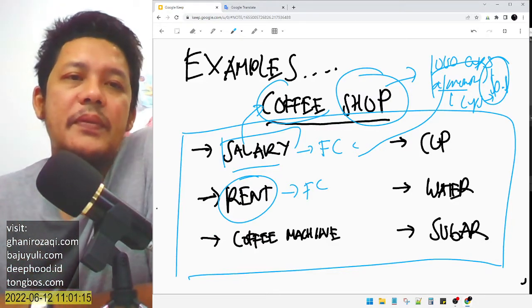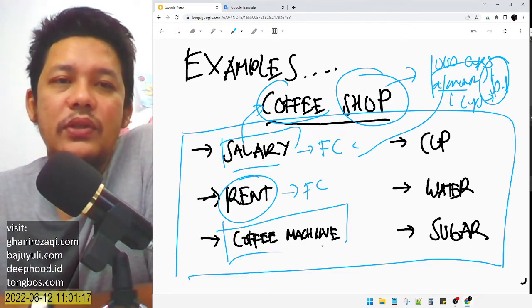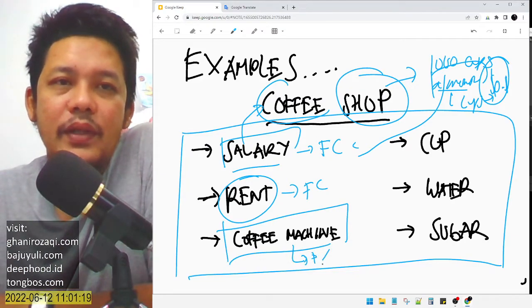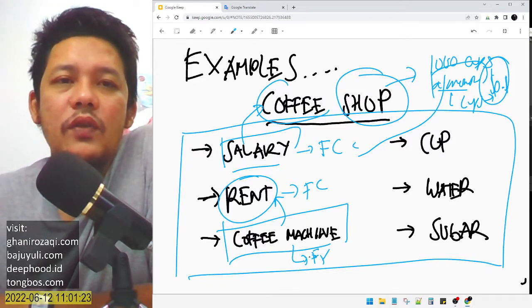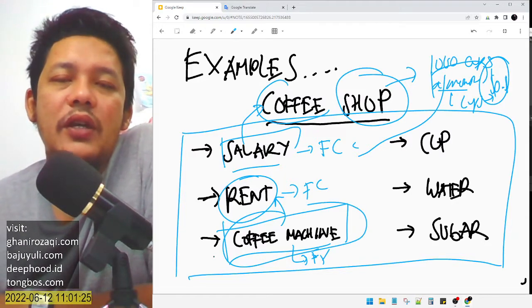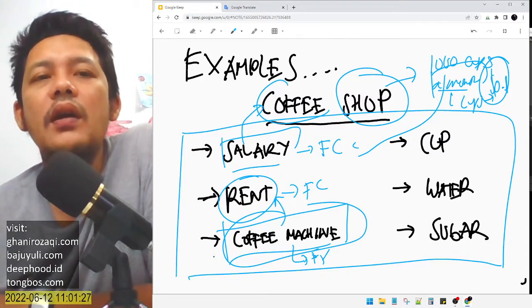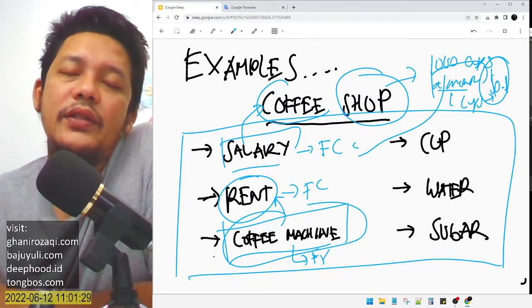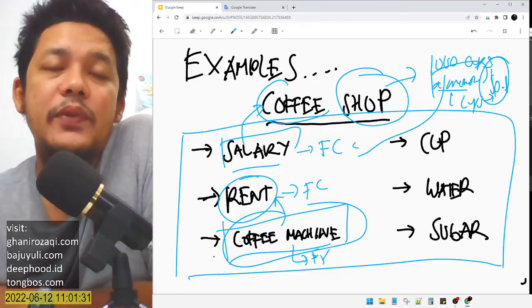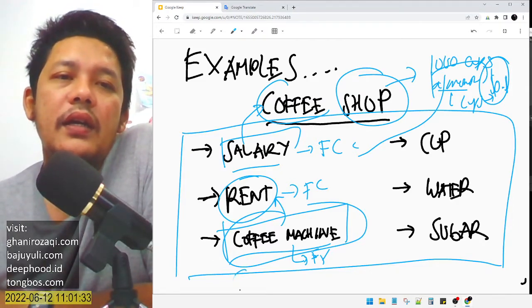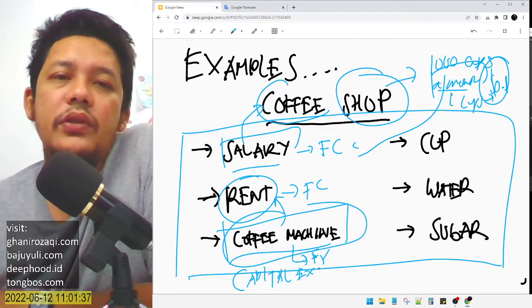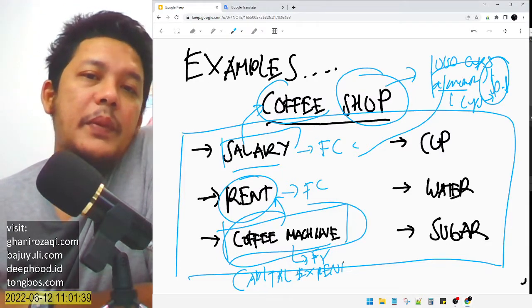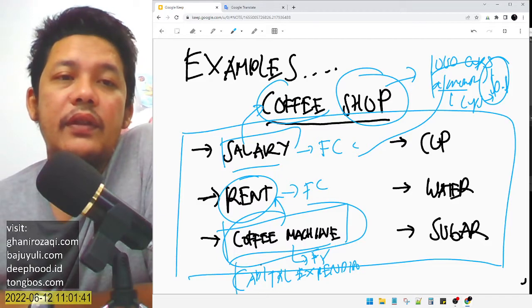And then the coffee machine is also a fixed cost because it's similar to the rent cost. But this coffee machine maybe can be categorized into another category of microeconomics, capex or capital expenditure. Maybe in another video I will talk about this.